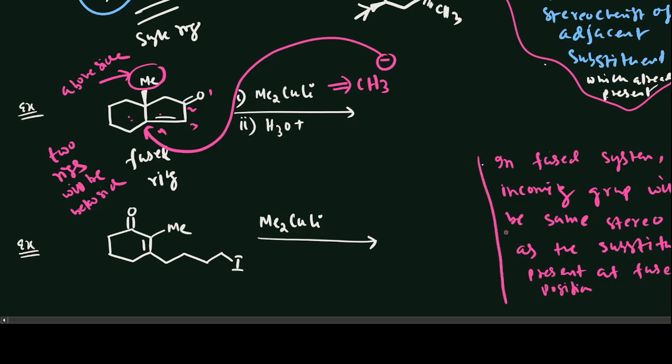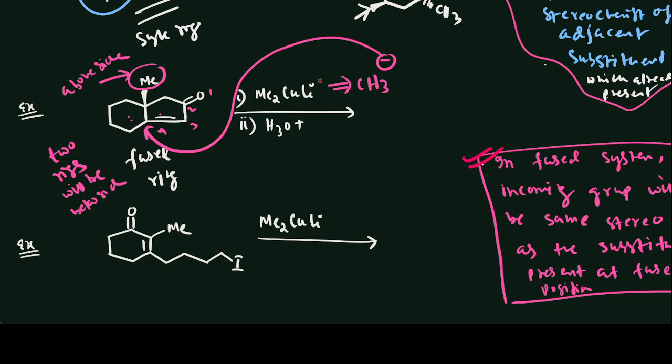So that is what we have to remember from these points. If it is a fused system, then the incoming group will attack from the same side as the fused substituent. This substituent is on the above side, so the incoming group will also attack from the above side.